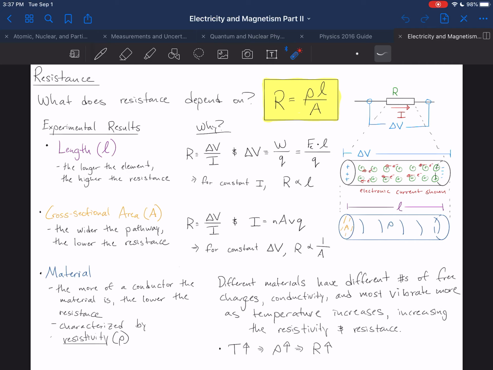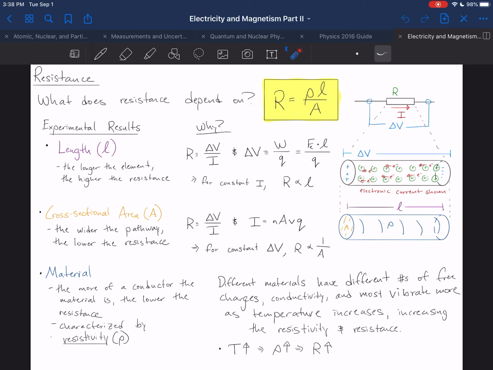It's important to recognize that this equation is really applicable to a single piece of material, made of the same material, with a very clearly identifiable length and cross-sectional area. So if it's a chunky piece of metal with mixed things, for example, a phone, it has a resistance.